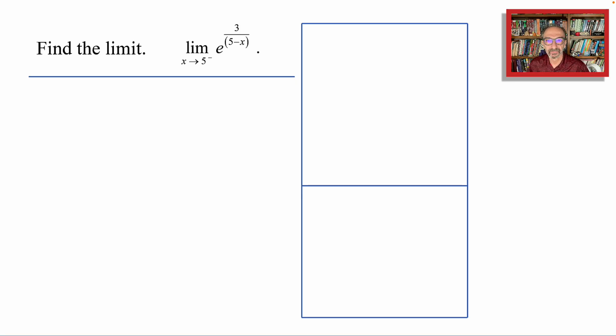Let's get started. To find the limit, as stated, limit of e to the power 3 over 5 minus x, as x approaches 5 from the left. I need to show you more about transformations and what's going on with the reciprocal function.